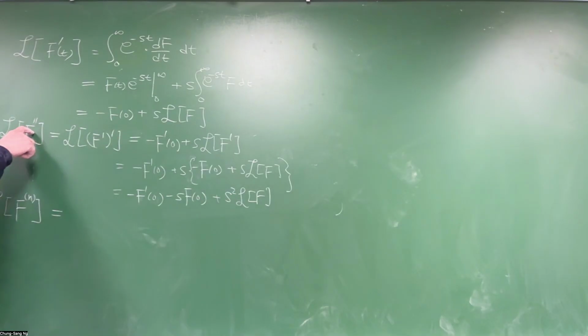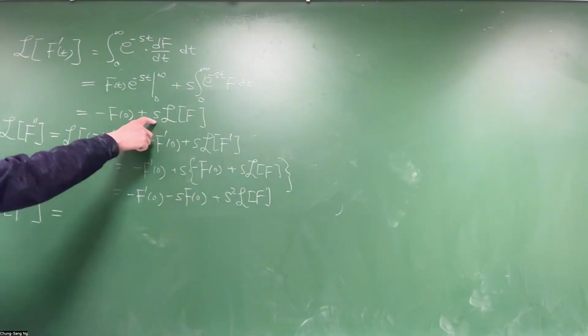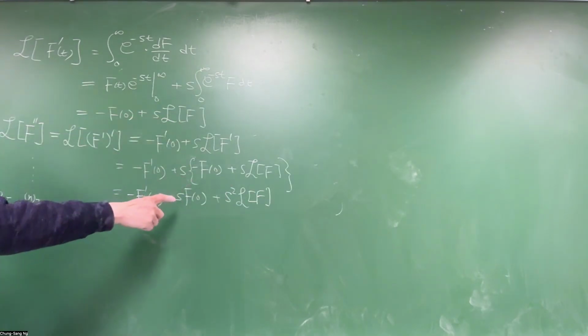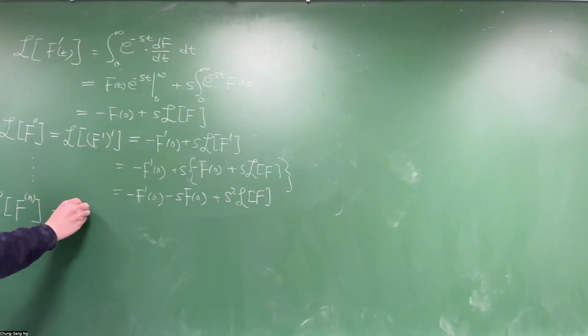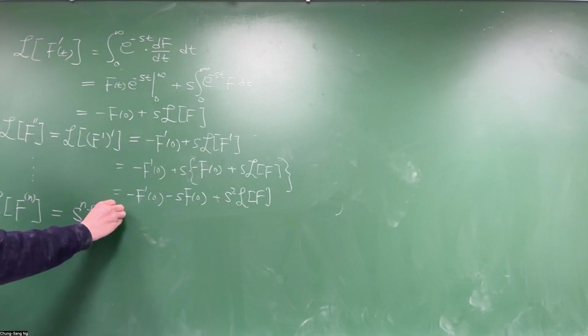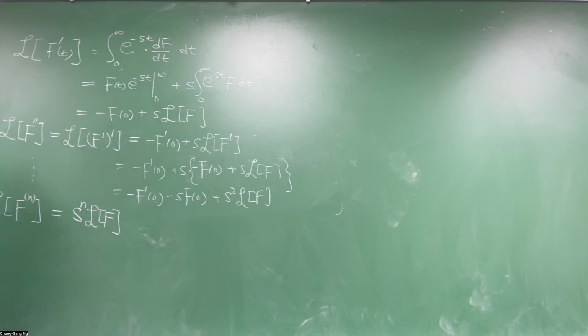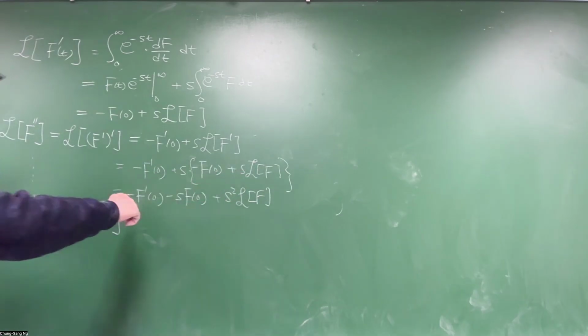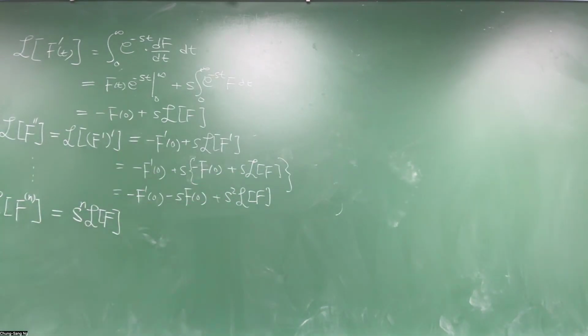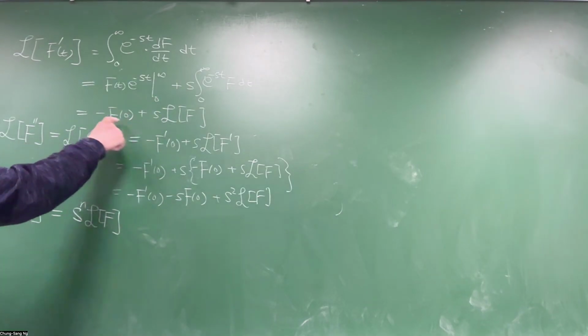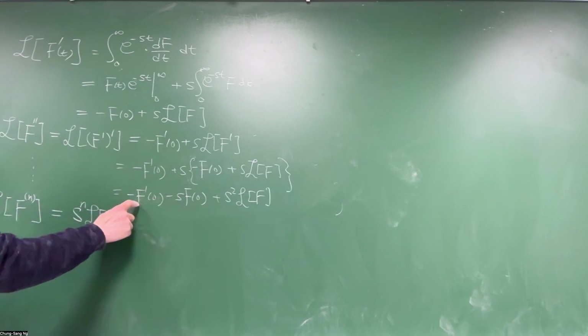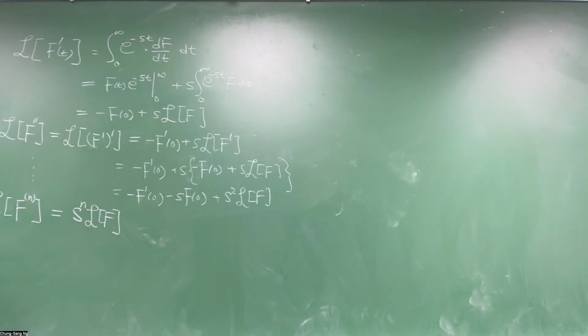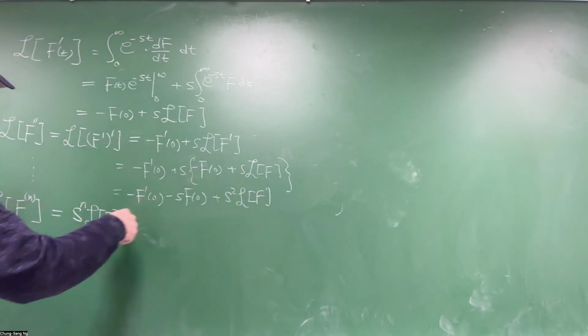The second derivative is s squared, right? First derivative is s to the one, right? Obviously, s to the power n should be the first term, multiplied by the Laplace transform of f. And then all other terms are minus terms, because this is minus, this is minus, minus, minus. So you can basically reverse the order.